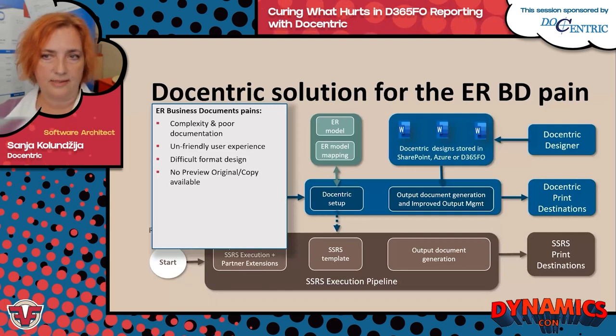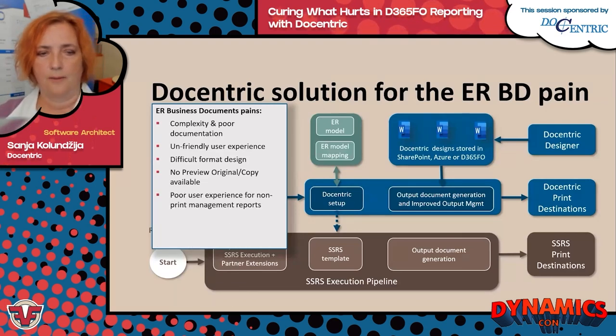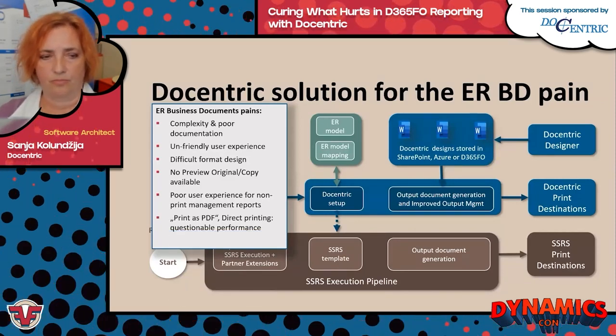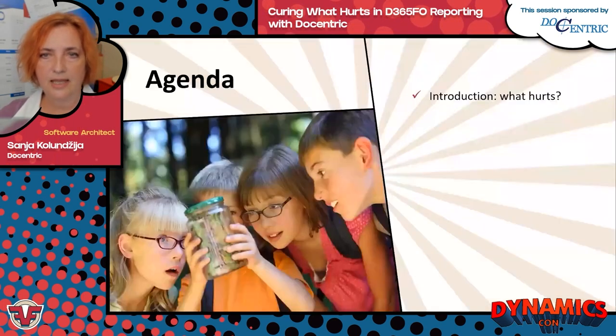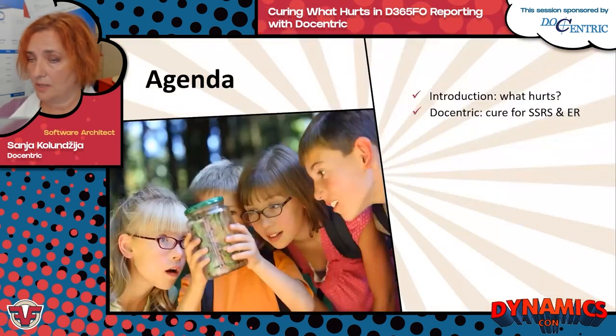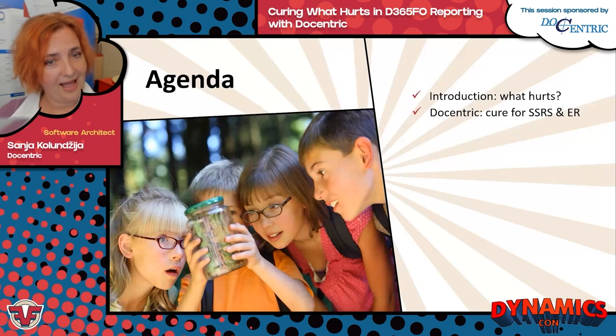And as I said, all the standard SSRS features are working normally: print, preview, print management reports and non-print management reports started in the same way. All this printing, PDF, direct printing works exactly as in SSRS, and documents are distributed through Docentric improved print destinations. So that was about how in theory we cure the problems with SSRS and electronic reporting.